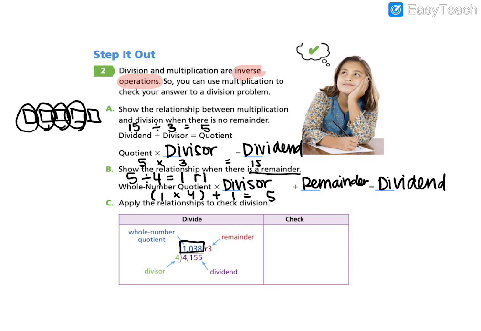So now we're going to go ahead and apply it. We have our whole number quotient, 1,038, times our divisor. Then we're going to add the remainder at the end.